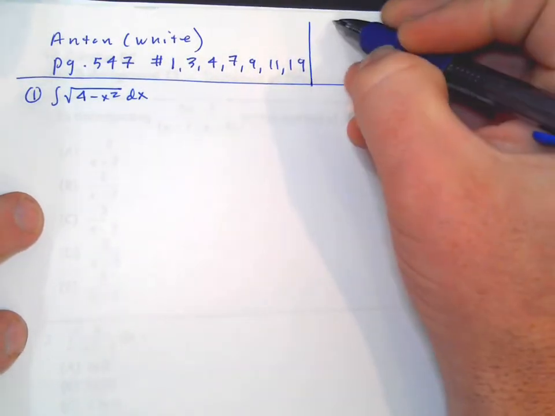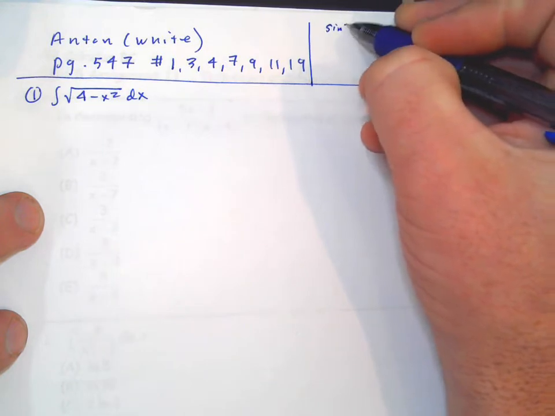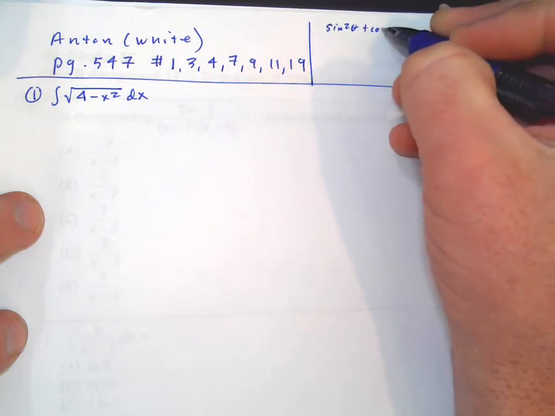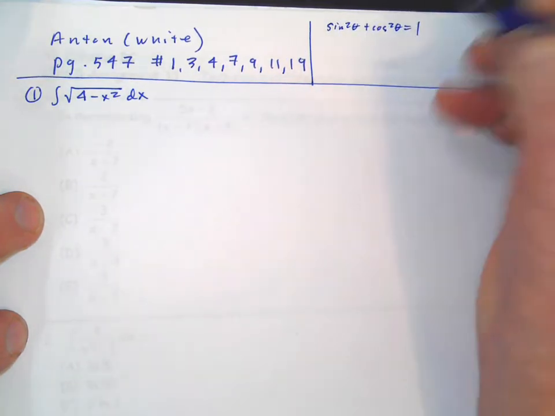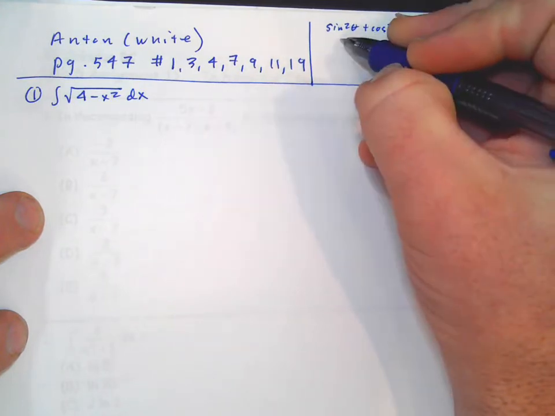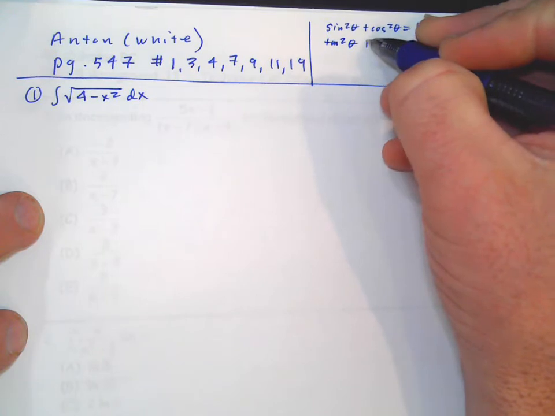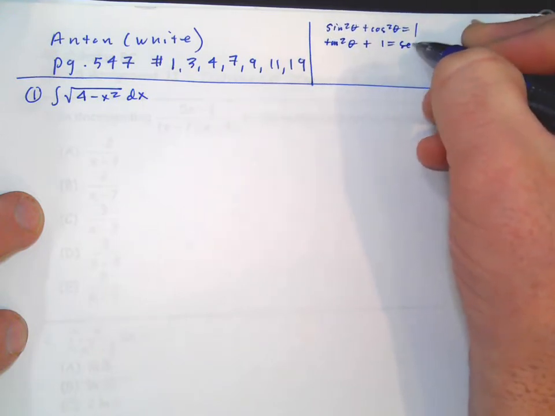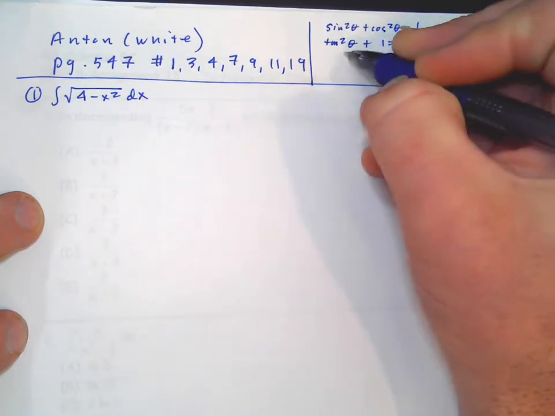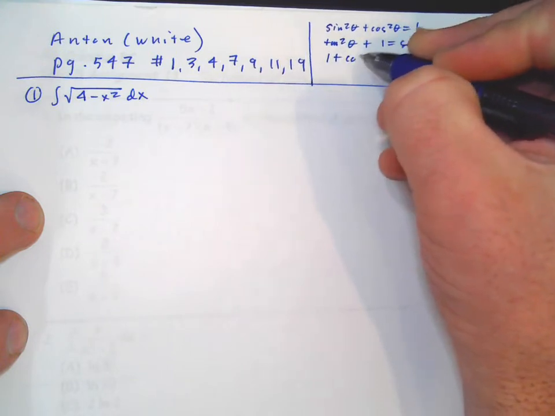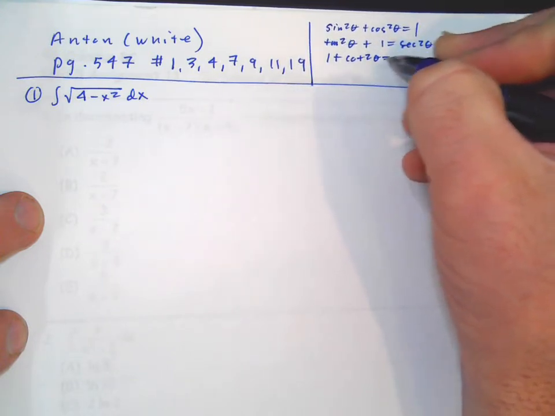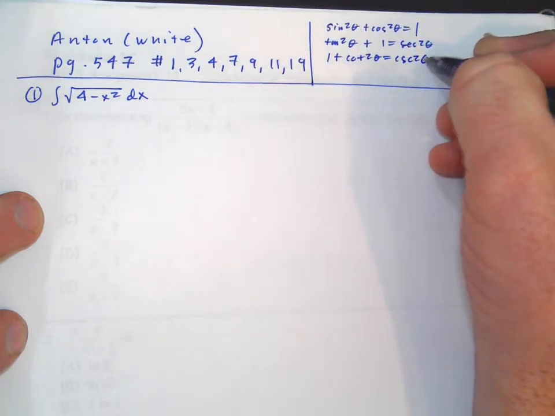Be able to write these: sine squared plus cosine squared equals 1. You divide everything by cosine, that would give you tangent squared plus 1 equals secant squared. You divide everything in the first one by sine, and it gives you 1 plus cotangent squared equals cosecant squared.